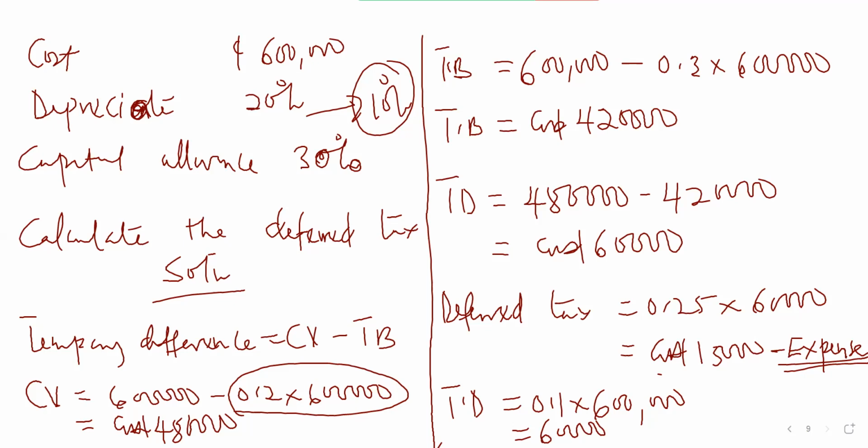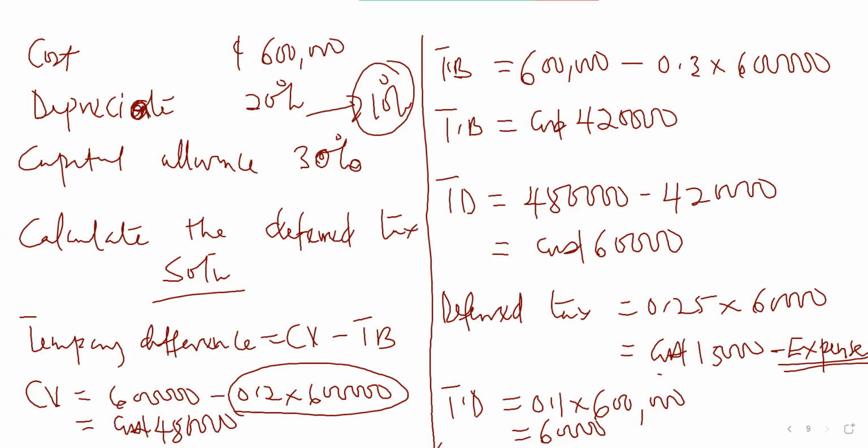But if the depreciation is higher than the capital allowance, that will be a deductible temporary difference because the company is the one suffering. They are going to enjoy in the future. So if the capital allowance is higher than the depreciation, the company is the one enjoying because the tax authority is giving them more capital allowance. They are going to suffer in the future. So that should represent a cost or a loss to them. Just understand it like that, then we are good to go.